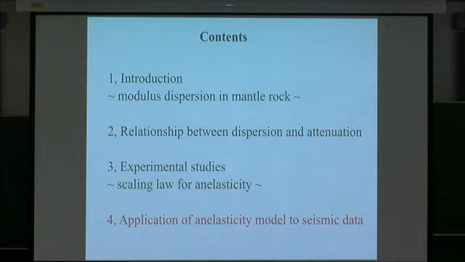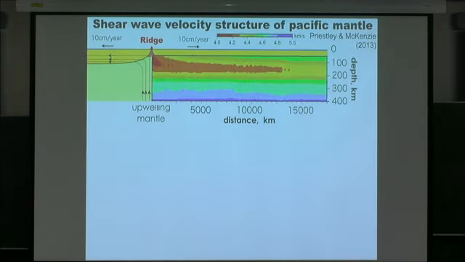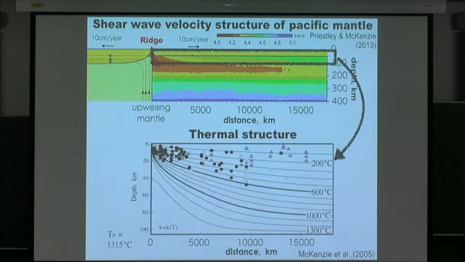The last topic is the application of the anelasticity model to seismic data. The shear wave velocity structure of the Pacific mantle was obtained by Priestley and McKenzie 2013. And the thermal structure in the upper 100 kilometers of the oceanic mantle was calculated by McKenzie et al. 2005 by using the plate cooling model.